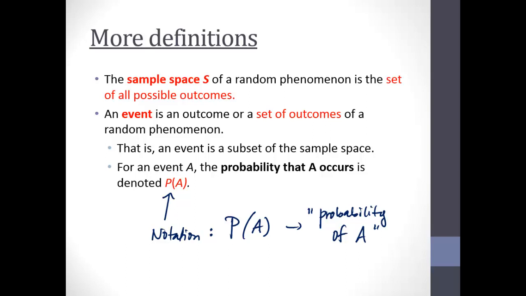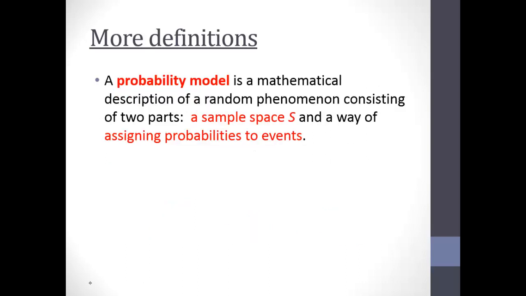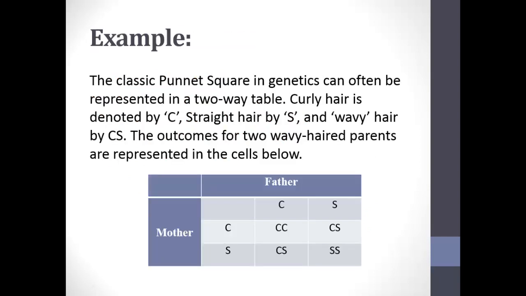Okay, so let's take a look at a simple example to maybe show you what I mean. Here's my example. I don't know if we have any people in genetics in here, or maybe you remember this from your high school courses. A Punnett square is something we use in genetics, and that's often represented as a two-way table.